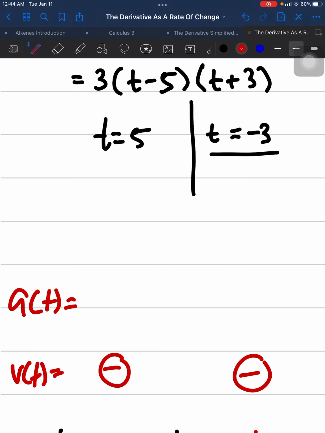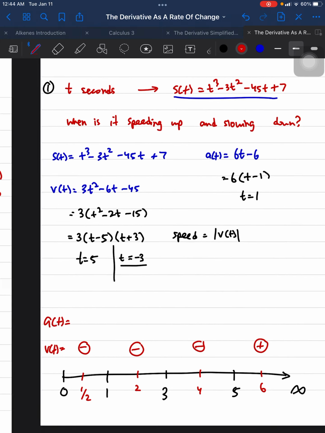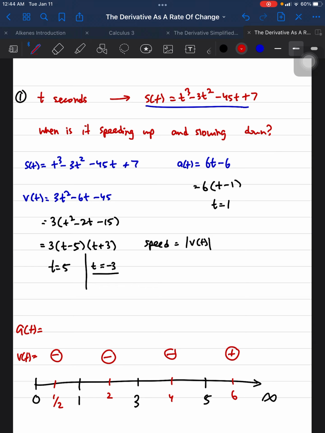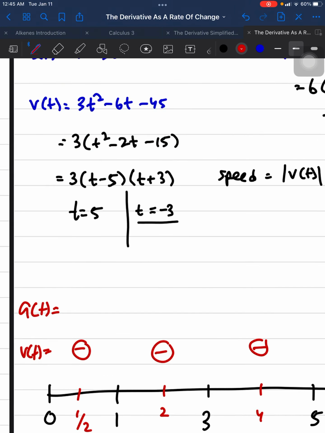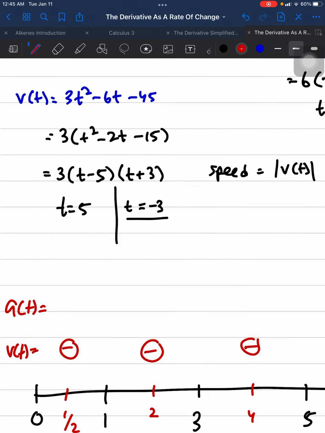Now for the acceleration function, same process. We use the same values, and we find the values and the signs at those certain points for the acceleration function. So when we plug in 1/2, we get negative 3.